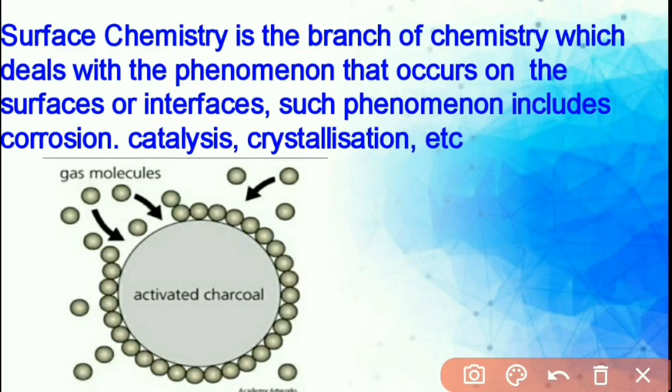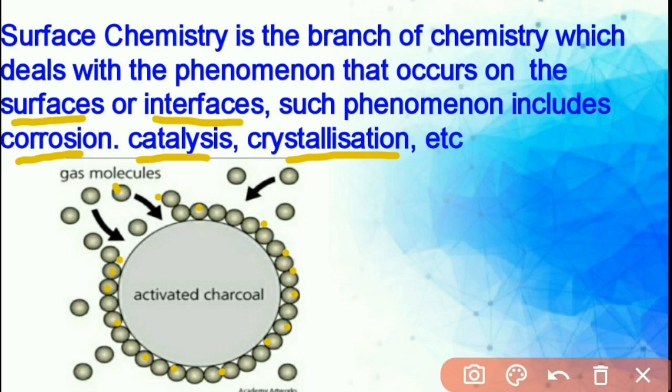So we can say that surface chemistry is the branch of chemistry which deals with the phenomena that occur on the surface or interface. Such phenomena include the processes of corrosion, catalysis, crystallization, etc. See in the picture, gas molecules are accumulated only on the surface of the activated charcoal.